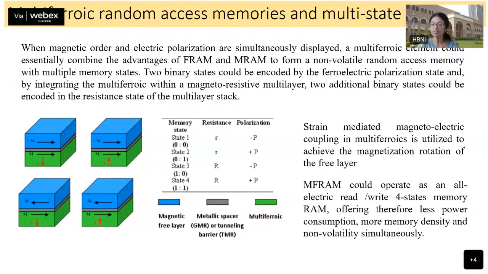Strain-mediated magnetoelectric coupling in multiferroics is utilized to achieve the magnetization rotation of the free layer. This multiferroic RAM could operate as an all-electric read-write 4-state memory, offering less power consumption, more memory density, and non-volatility simultaneously. So instead of a 2-state memory, you can have a 4-state memory with much less power consumption, very high memory density, and also non-volatility.